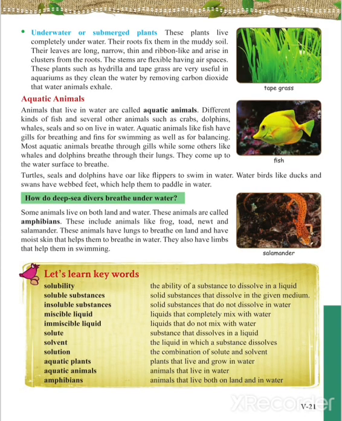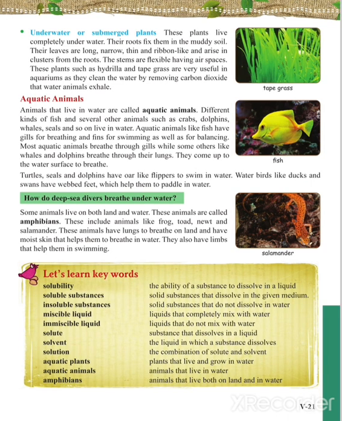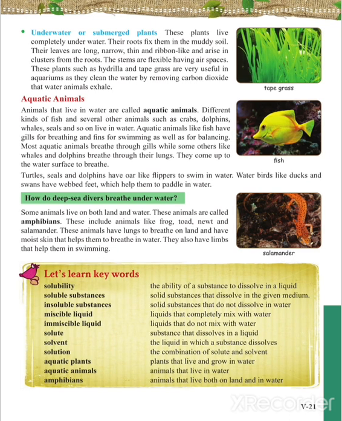Underwater plants, or submerged plants. There are some plants whose roots are fixed in the muddy soil. Their leaves are long, narrow, and ribbon-like and arise in a cluster from the roots. These stems are fixed, having air space.